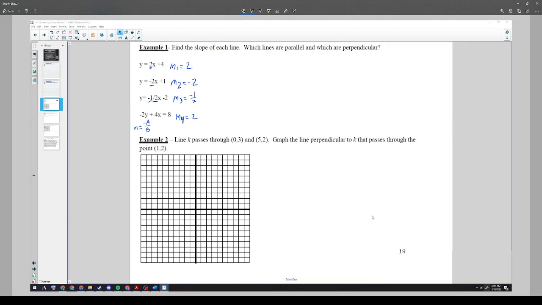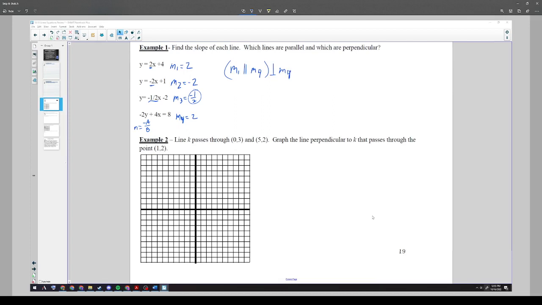Okay, so m1 is parallel to m4, or line 1 is parallel to line 4. And then we have this -1/2, which is perpendicular to +2, so these are both perpendicular to number 4. That should cover those.